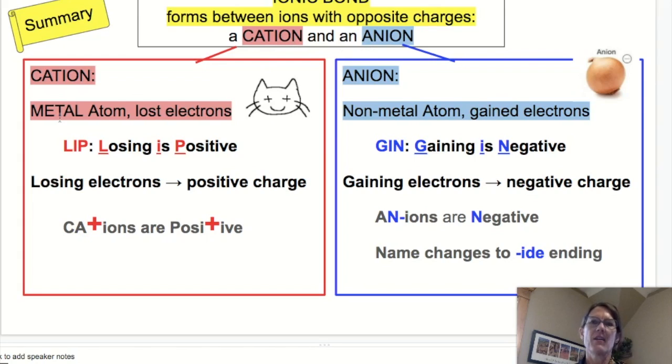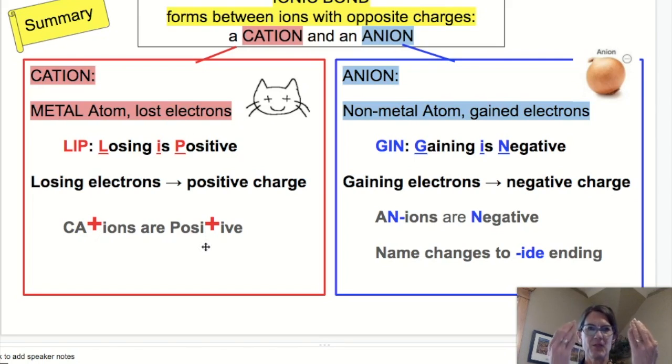Cations are always metals that have lost electrons. Here's another memory tool. Lip, L-I-P, spells lip. And losing is positive. Losing is positive, lip. Losing electrons leads to a positive charge. And so that means cations are positive.